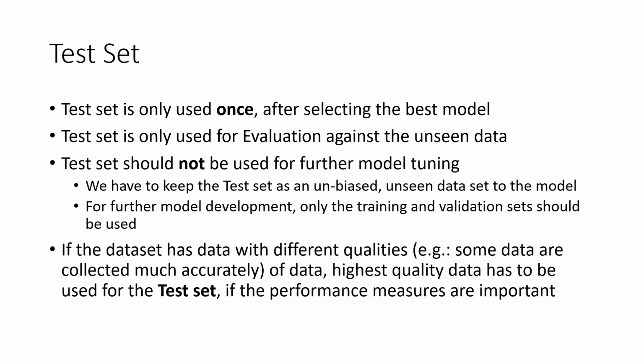So it is a very big challenge to develop your model with low quality data and get higher results when you have a limited amount of high quality data, which is the most relevant data used for the test set, because the highest quality data is not used for training but for testing, right? That is the challenge, because if you use the highest quality data for training, then you won't have any data to test it, right?